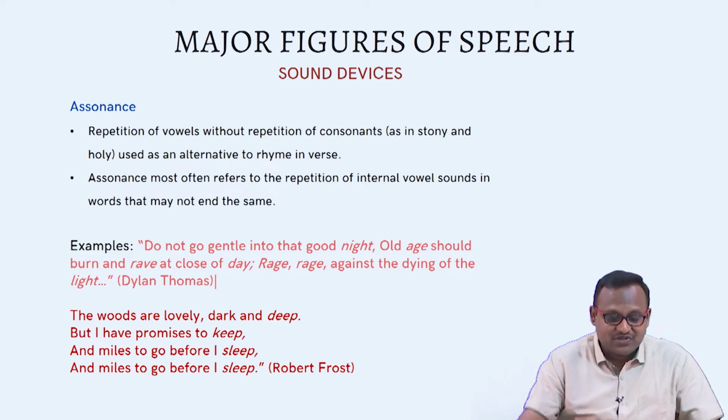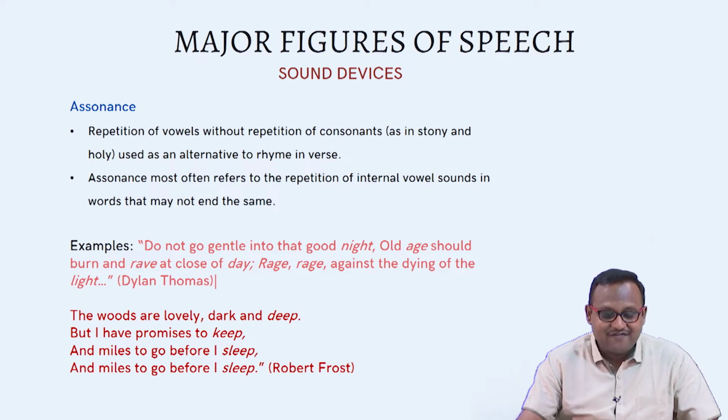Look at the examples here. This poem, if you can recall, we have discussed in detail in one of our earlier classes, Dylan Thomas's poem, Do not go gentle into that good night. Old age should burn and rave at close of day. Rage against the dying of the light. Now, look at the sound, day, rage, age, the vowel sound a.